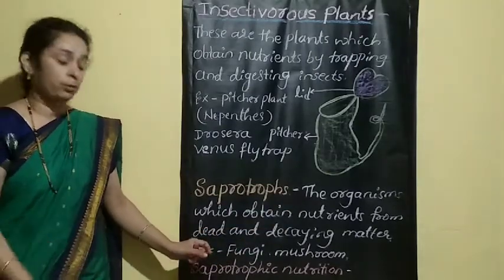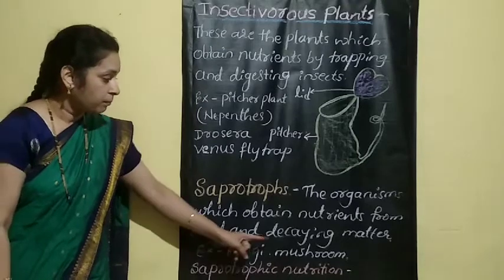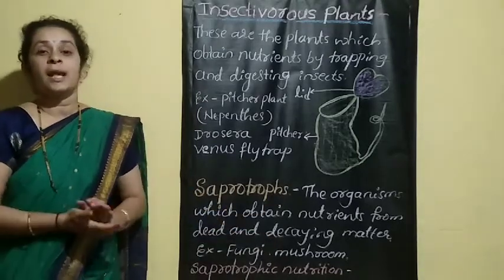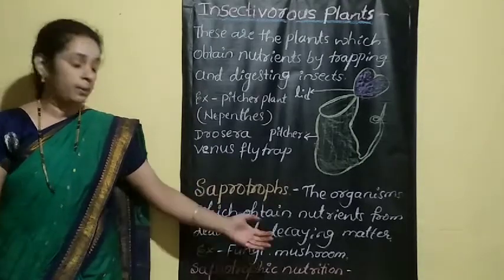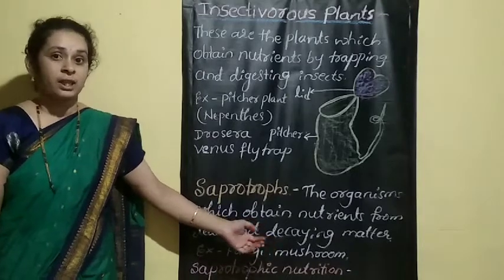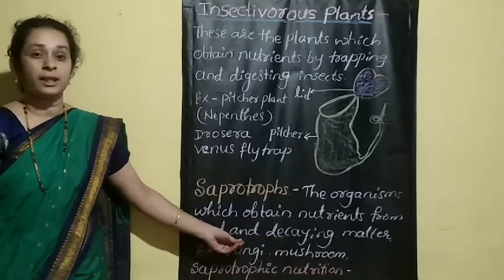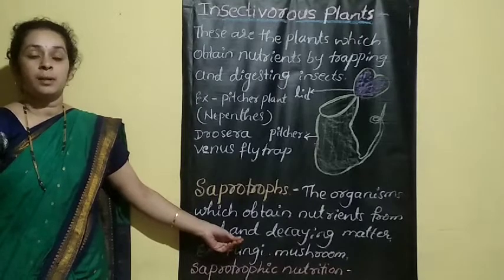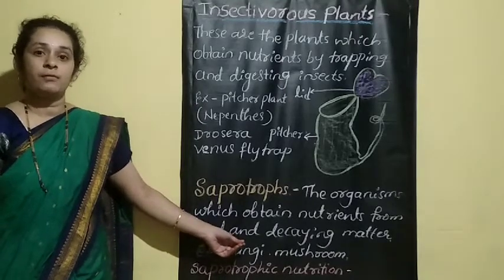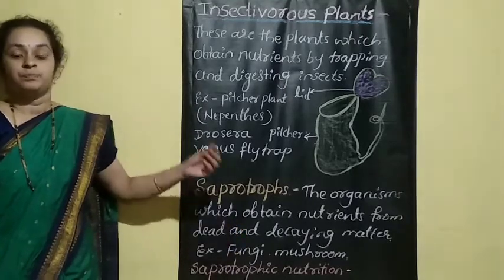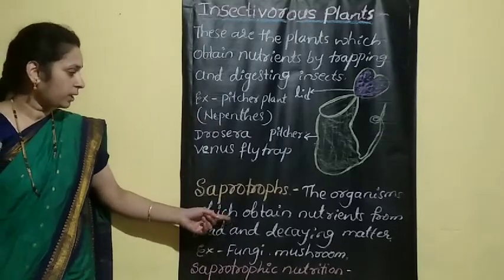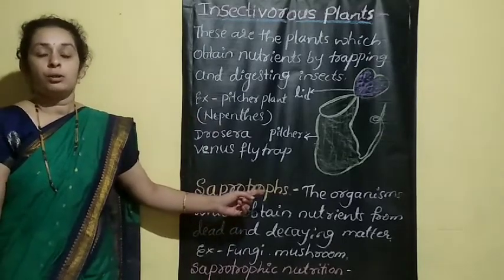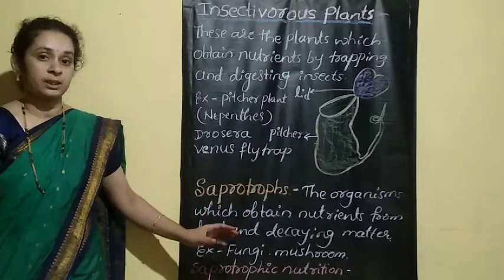Examples for saprotrophs are fungi and mushrooms. You will come across mushrooms in our surroundings. Yeast and bread mold are examples of fungi. In that type of organisms, you will come across saprotrophic nutrition.